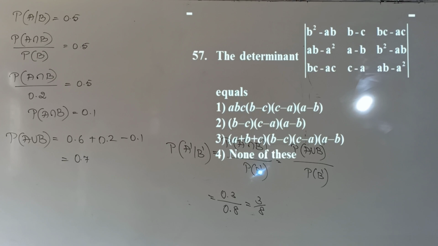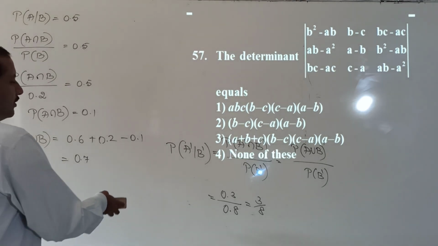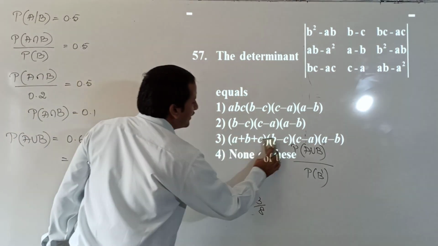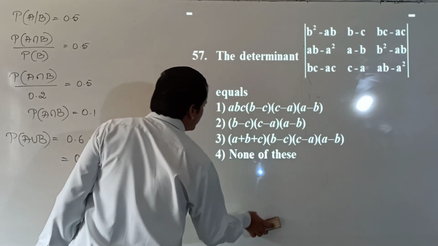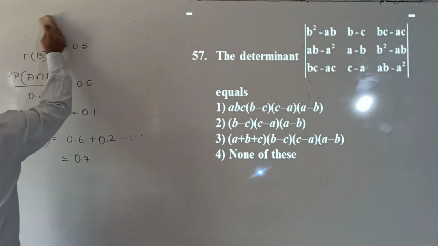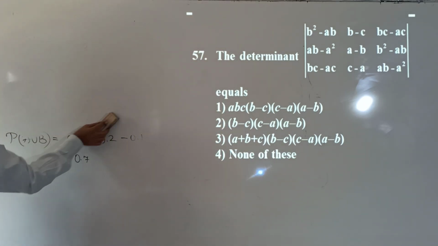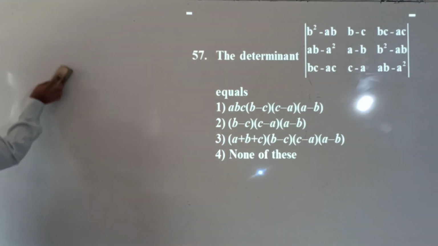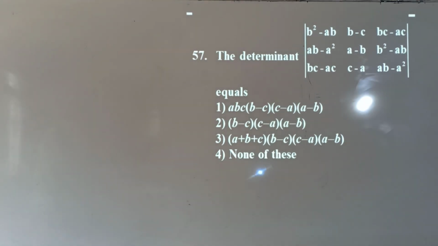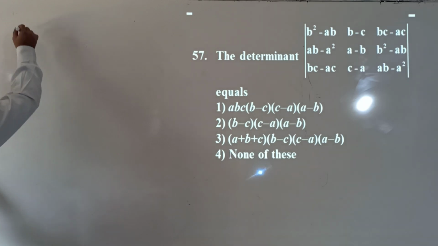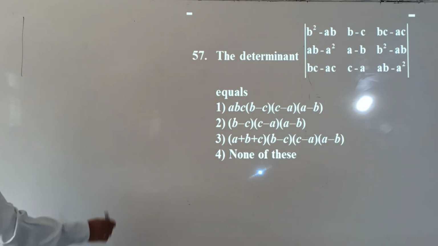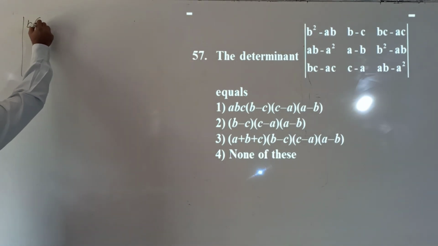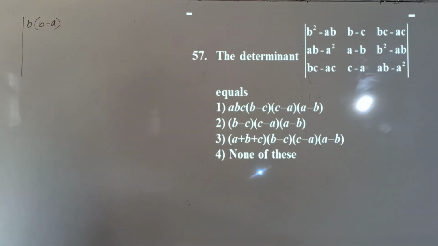Okay. Look at 57th question now. The value of this determinant we have to find out now. In the first column, the first term b square minus ab, I will take b as common and write it as b into b minus a.